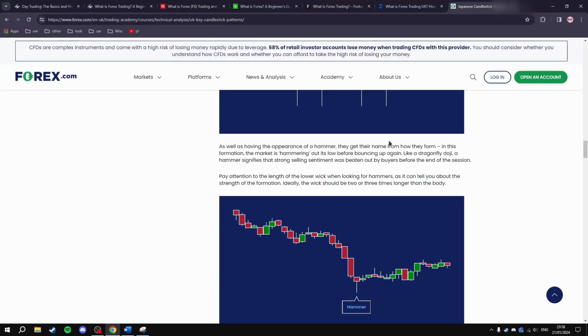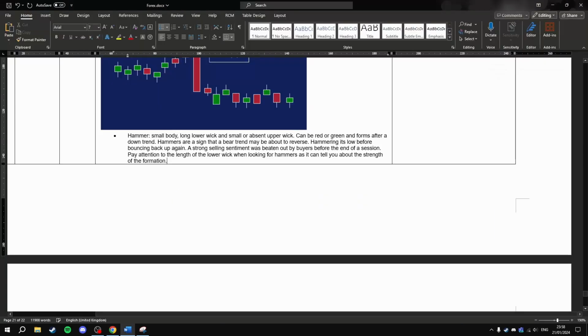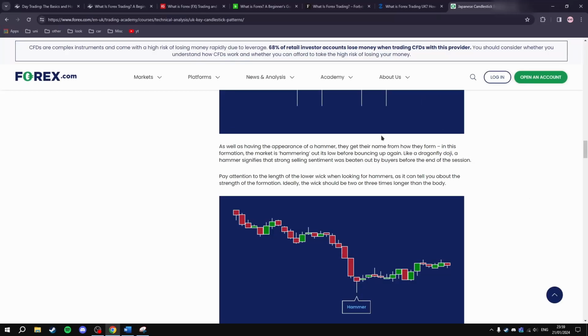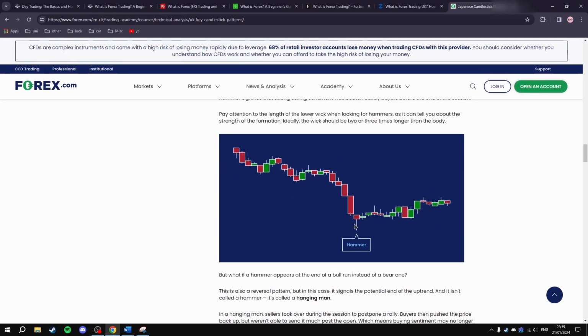Ideally, the wick should be two or three times longer than the body. Hammer.